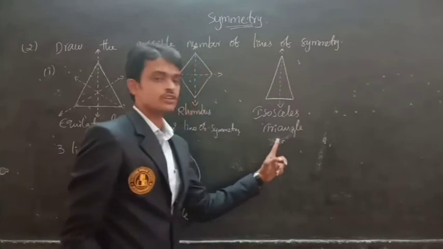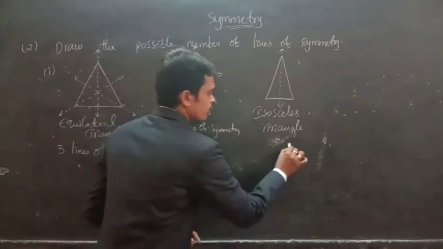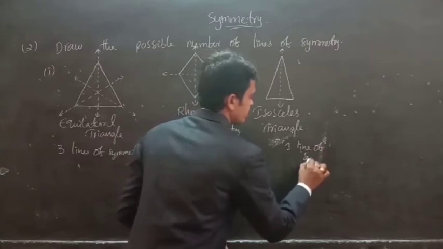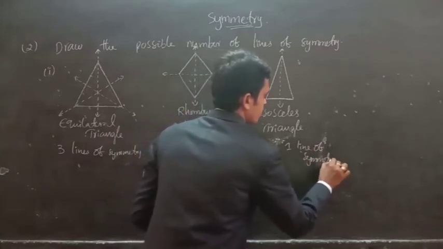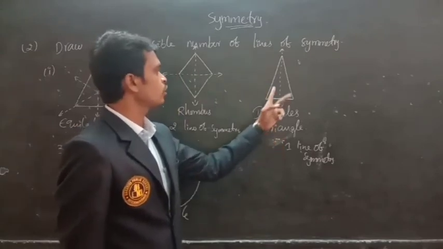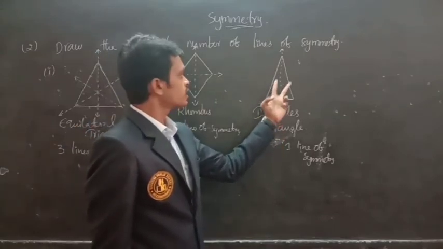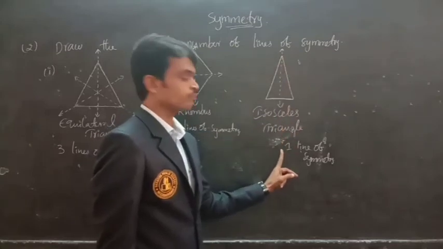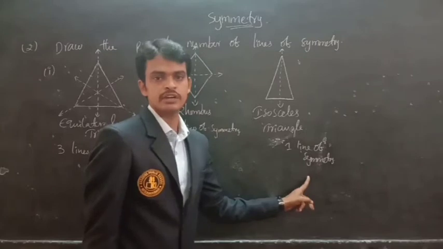So the isosceles triangle has only 1 line of symmetry.